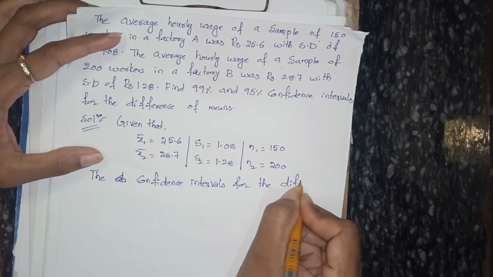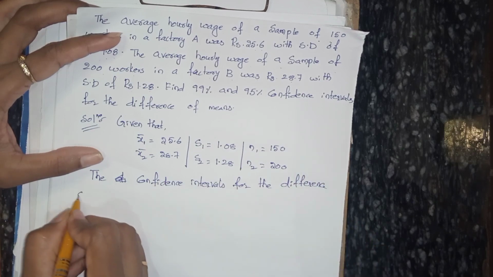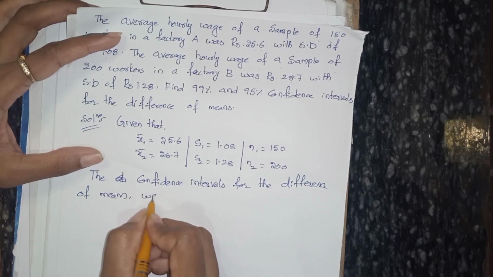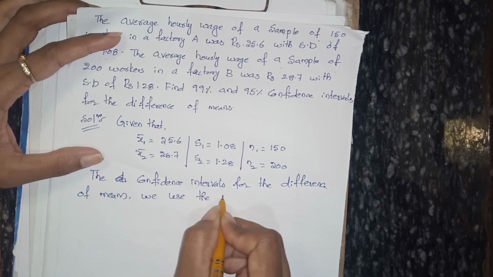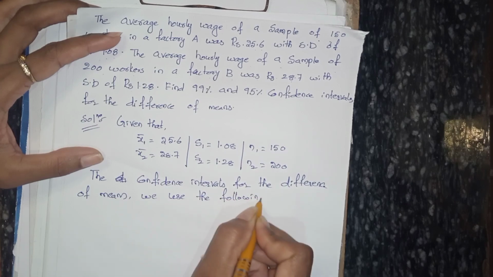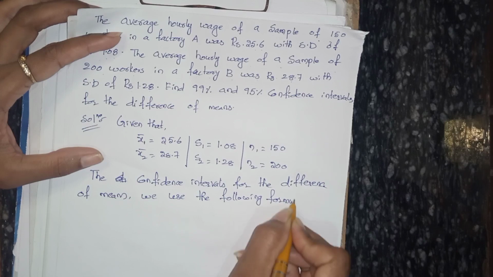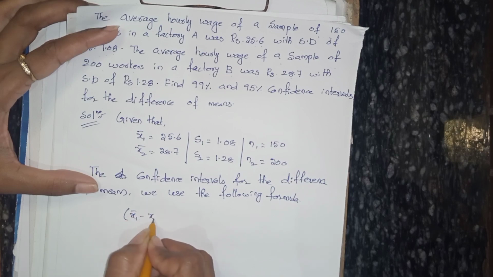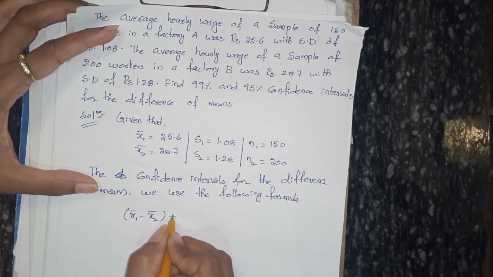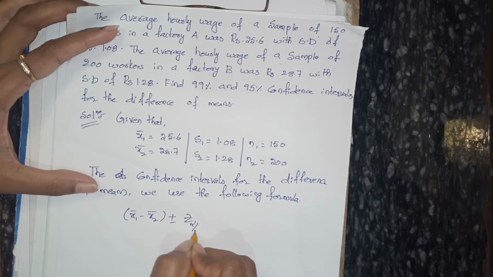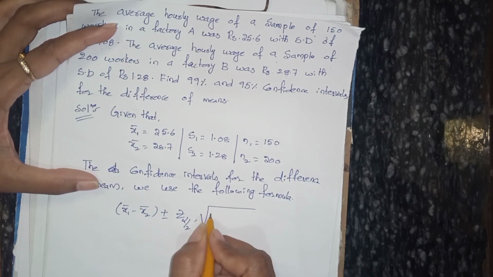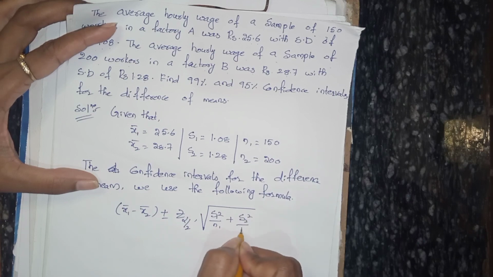For the difference of means, we use the following formula: X1 bar minus X2 bar plus or minus Z alpha by 2 into the square root of S1 square by N1 plus S2 square by N2.